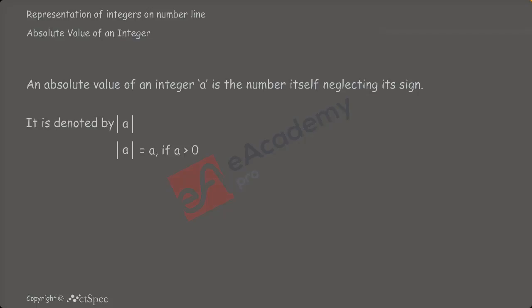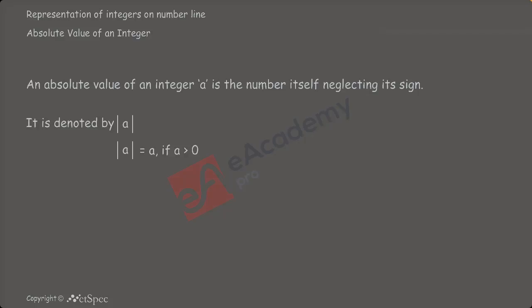Thus, if we have a positive number, even after negating the positive sign and writing it again, it remains a positive number. So, whenever we have a positive number, we get the absolute value as the same number without any change.